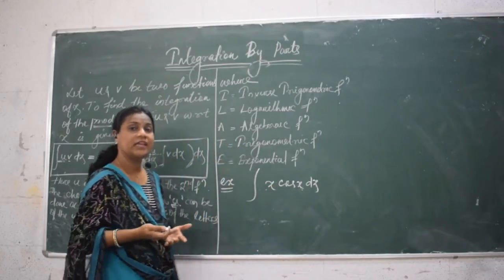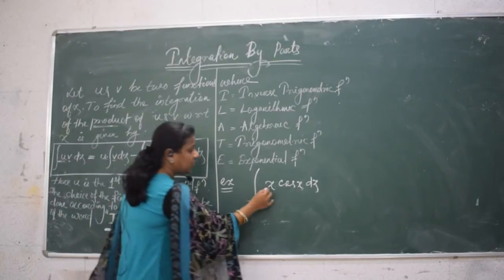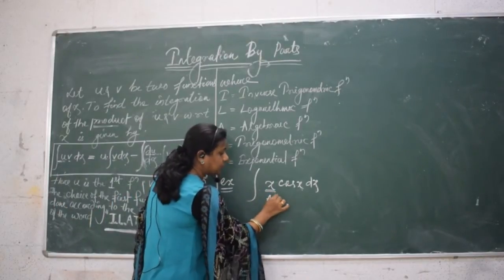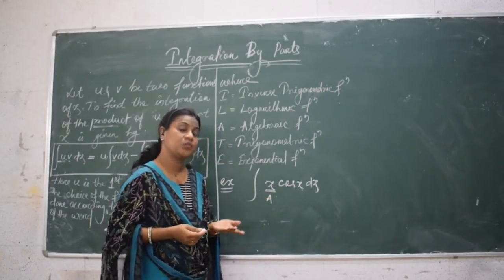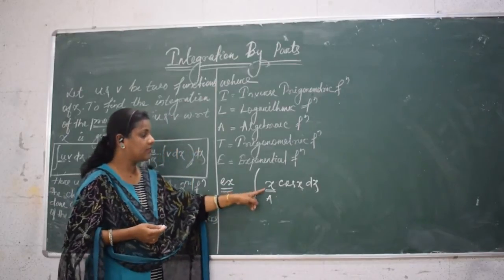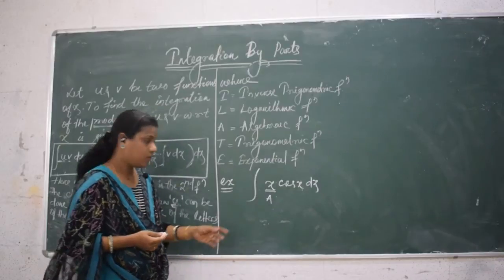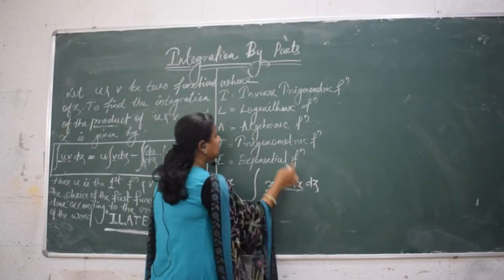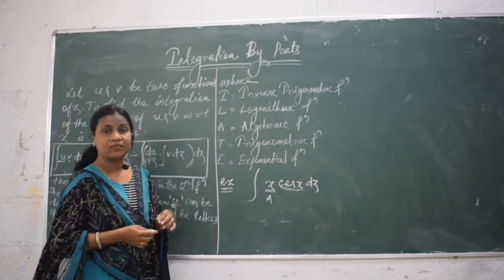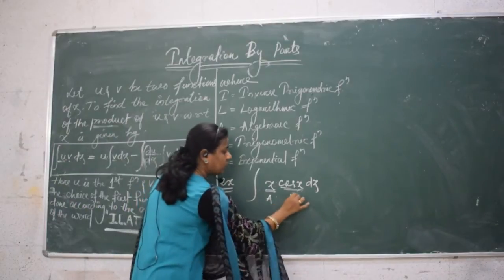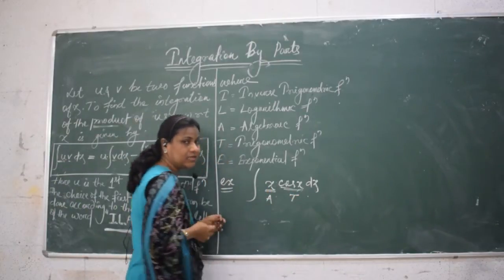Which one will you take as the first function? Here x indicates the algebraic function, the x to the power n form. And cos x indicates the trigonometric function.